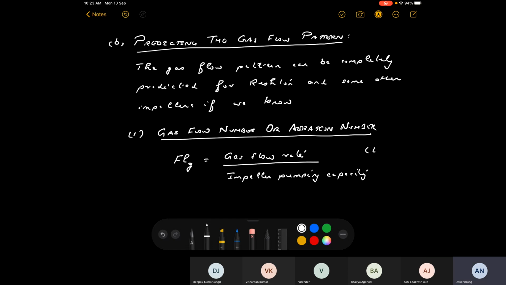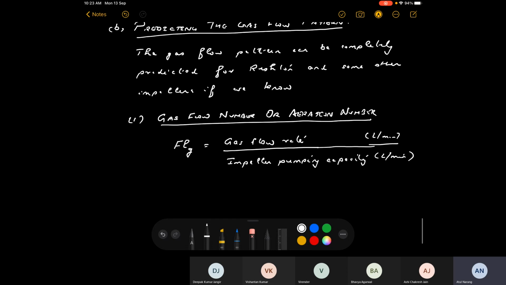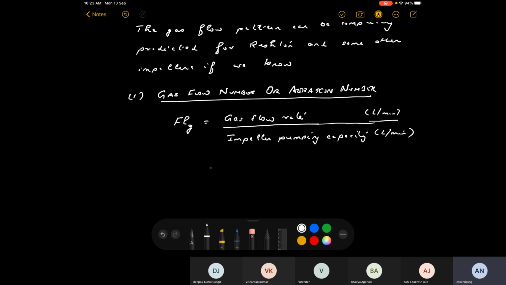So if this is in liters per minute, and this one is also in liters per minute, you get a dimensionless number. The gas flow rate is denoted by the symbol F sub G, and the impeller pumping capacity we just found was proportional to N sub I D sub I cubed.